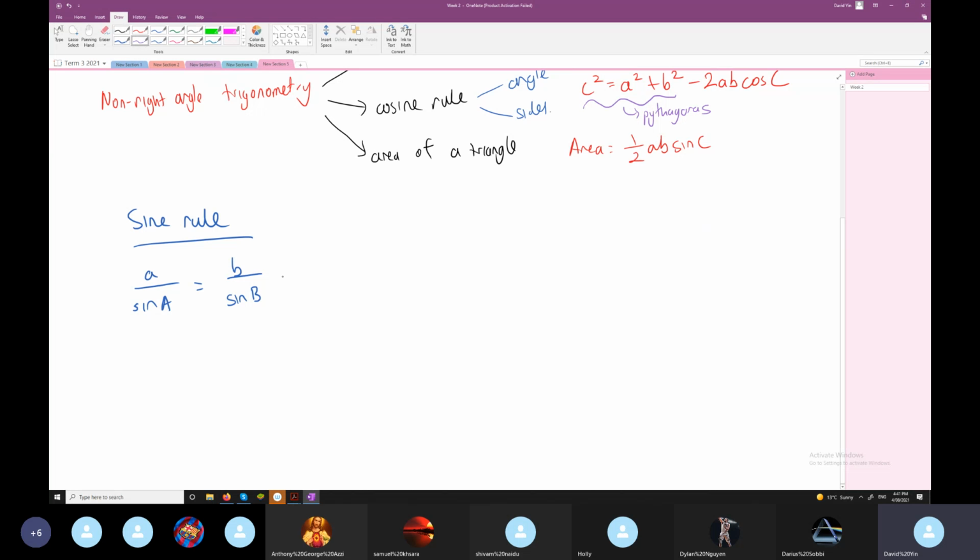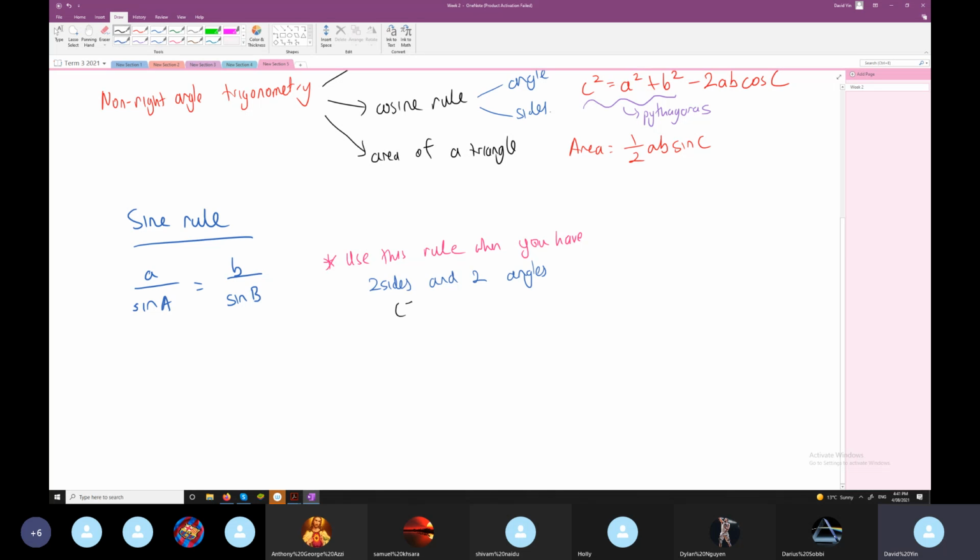So you want to use this rule when you have two sides and two angles. So when you see two sides and two angles, you want to use this formula, with one of them being unknown.